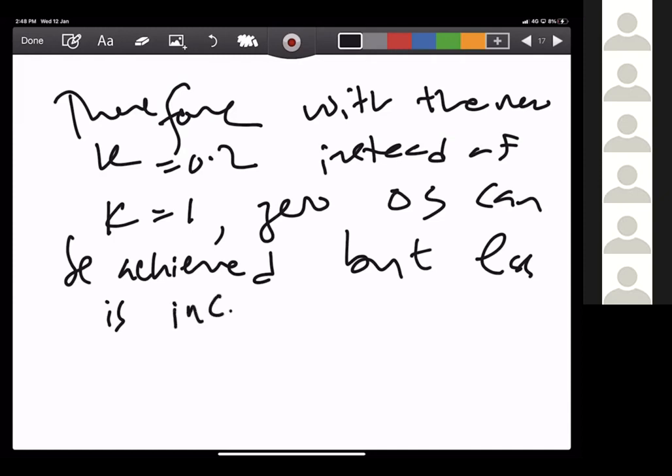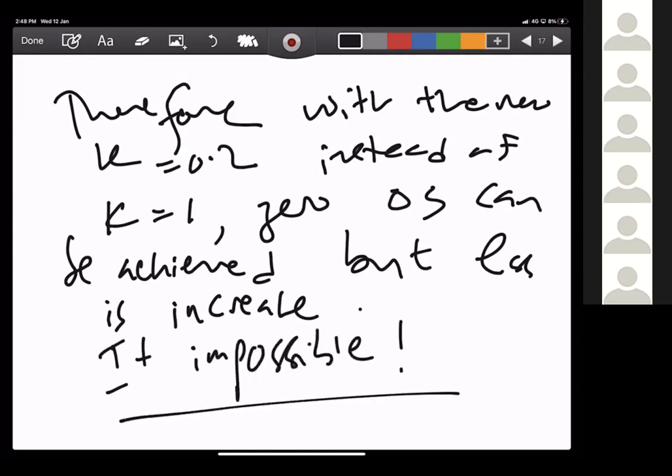Increase, no, it was 4 earlier. So it is impossible to make zero overshoot with zero steady state error. So they are give and take. Give here, take here. So it cannot achieve both zero steady state error and zero overshoot. So how to do that? We have to apply a controller.